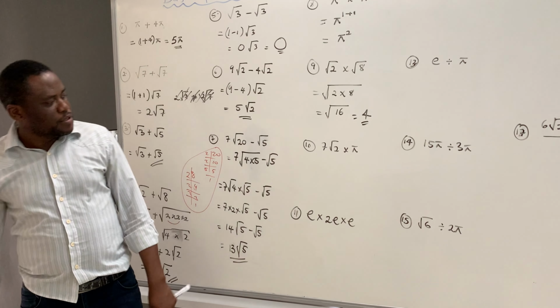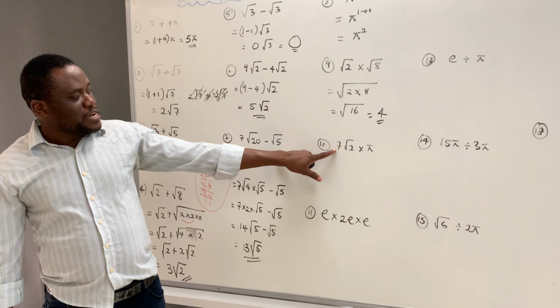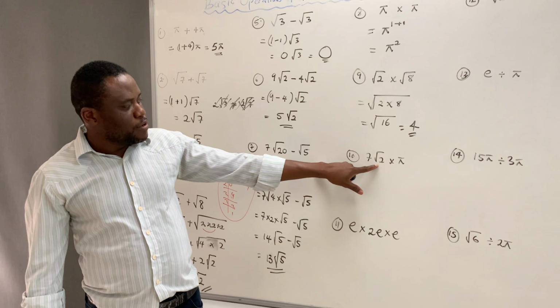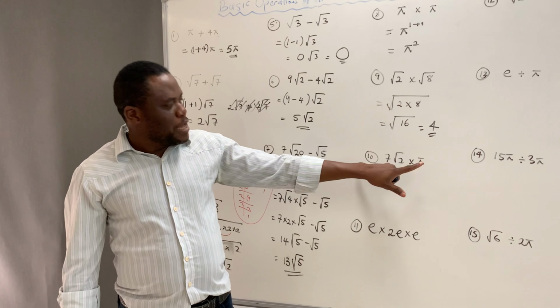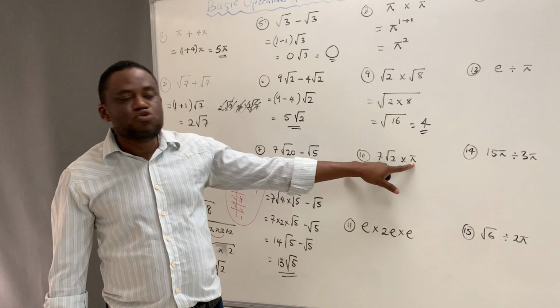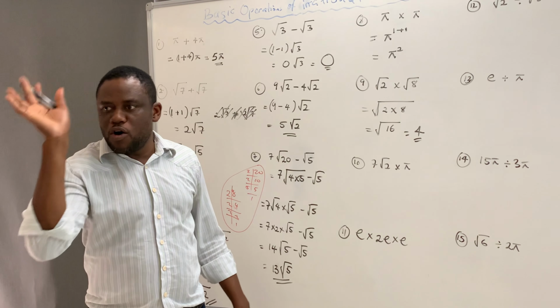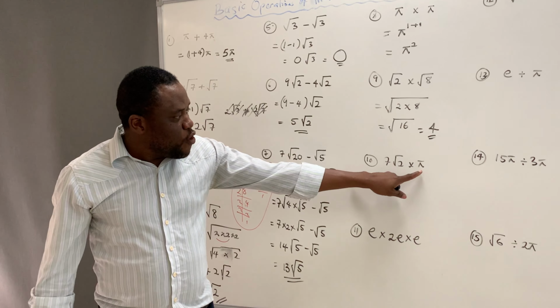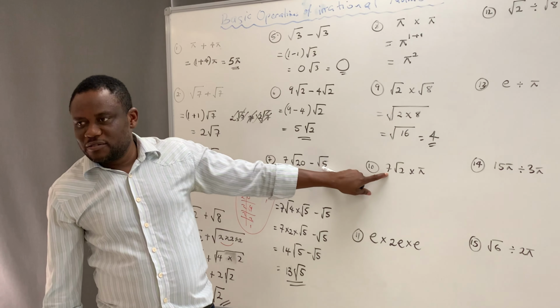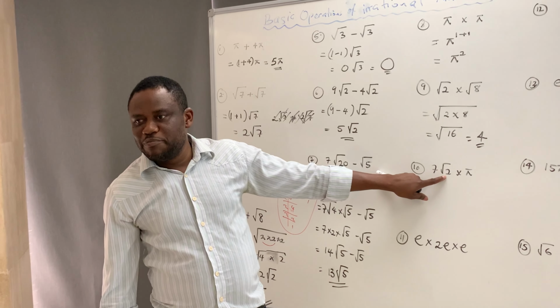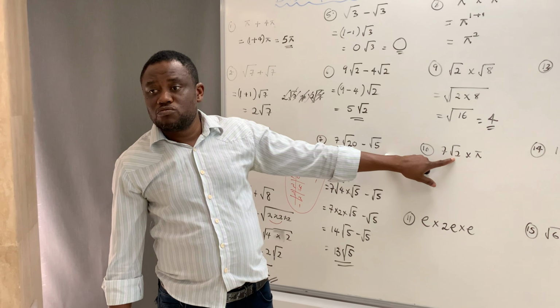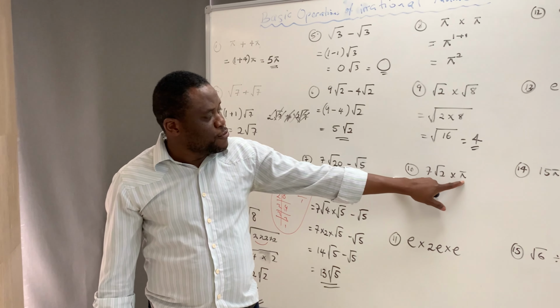Now look at this. We are multiplying 7 radical 2 times pi. Pi did not have any root, no square on top. So which means we only have family with this guy. You have no business with this guy. But this one is a root. This one did not have root, this one did not have root.